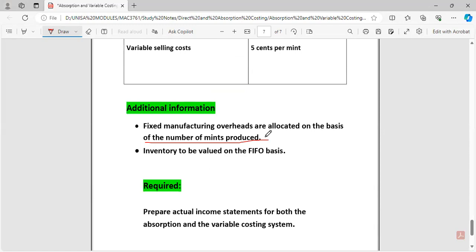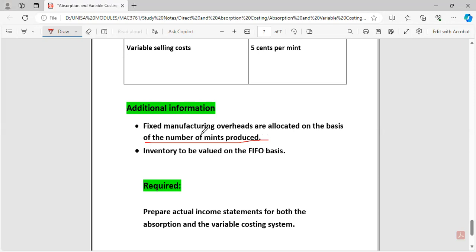We don't look at the actual, we look at the budgeted. Because remember, fixed manufacturing overhead absorption, we base on budgeted figures. We don't base it on actual figures because we assume that they are going to be made available before the end of the financial year. So we'll be using them throughout the financial year until we get the actual.